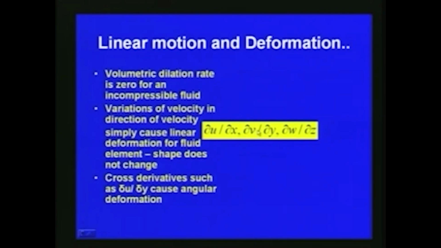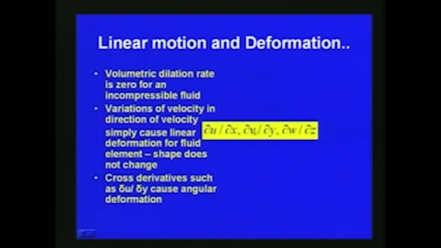But if you take the direction of flow, like del u by del x, that means the velocity u is in the direction of x, and del u by del x is the deformation in the x direction. If you take the velocity component in the y direction, del v by del y, or the velocity component in the z direction, del w by del z, all these are in the direction of the corresponding Cartesian coordinate, so we can say that only linear motion takes place, there is no angular deformation.